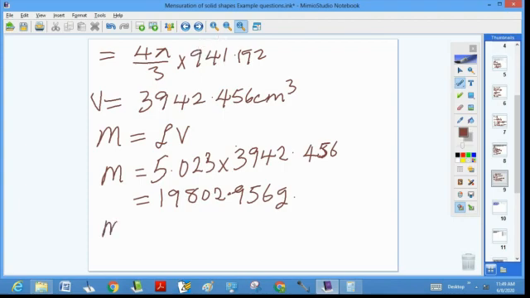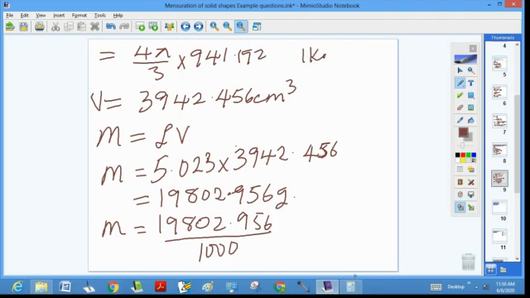Now m in kilograms has to be 19,802.956 divided by 1000. Why? Because we know that 1 kilogram is equal to 1000 grams.